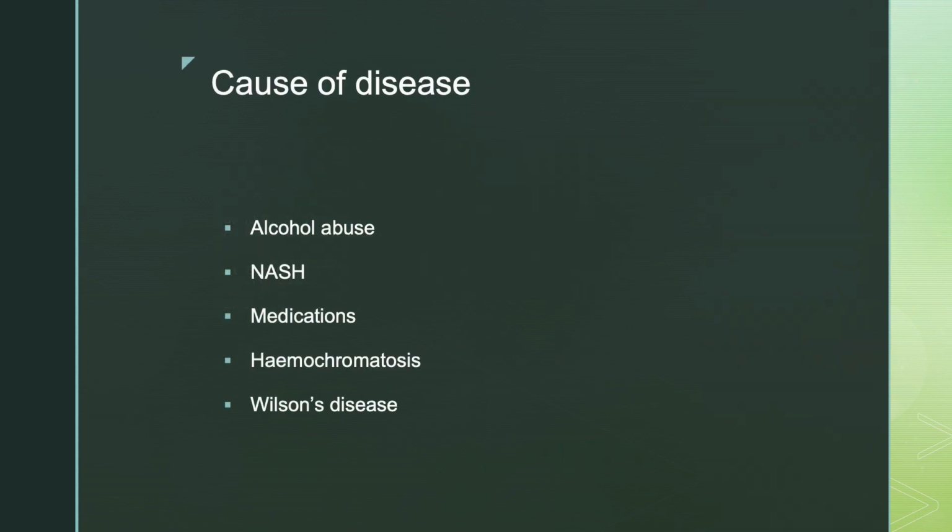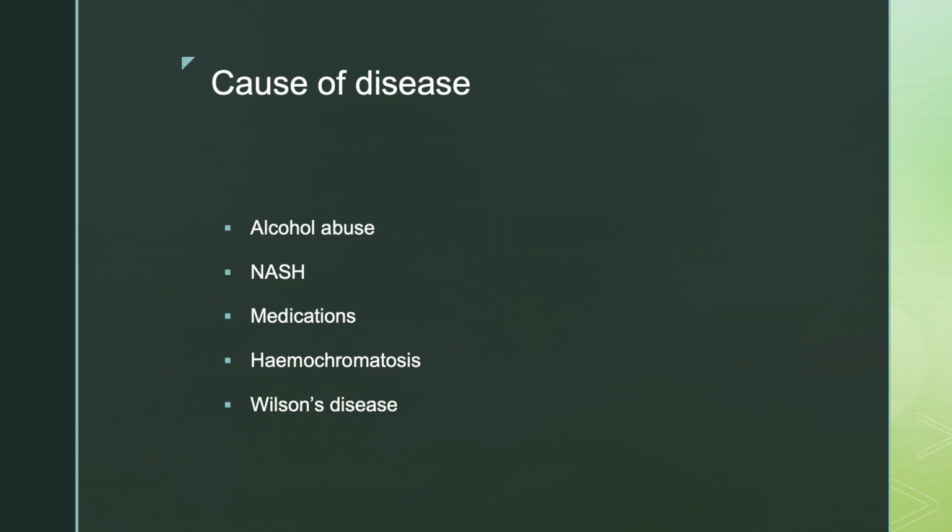So, the causes of this disease outside of hepatitis include alcohol abuse, where the overconsumption of alcohol eventually leads to cirrhosis of the liver. And that is because an overconsumption of alcohol keeps the liver in a constant inflammatory state and it can't repair itself in time.